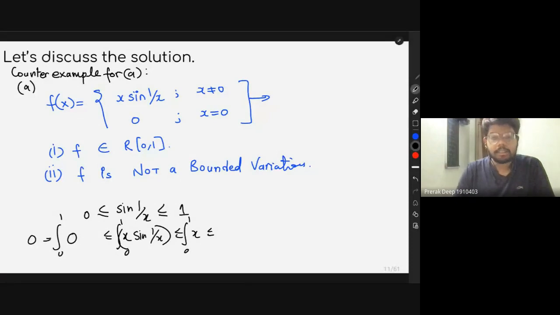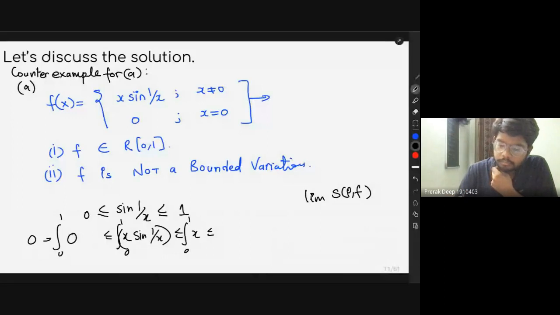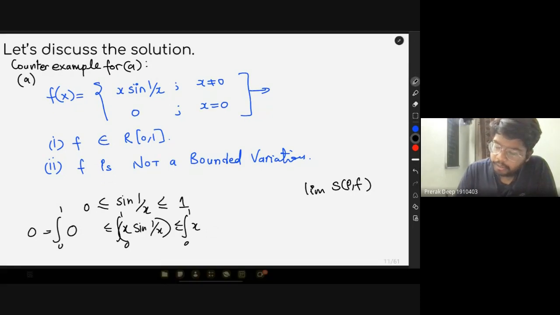So by sandwich, this limit also exists. So basically, what is the Riemann integral? The Riemann integral is the limit of the Riemann sum. You can think of this Riemann sum as bounded by this function and that function, and this limit will exist because the limits of the bounding functions exist. So this is a Riemann integrable function, but it is not of bounded variation.